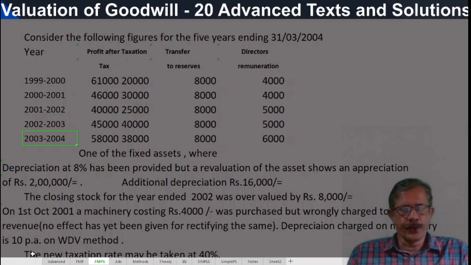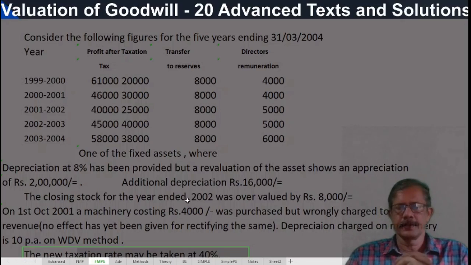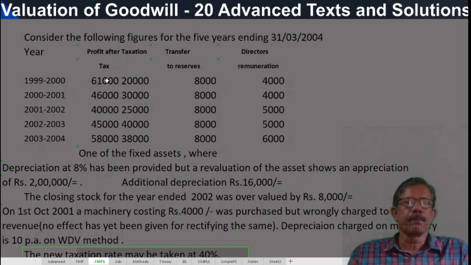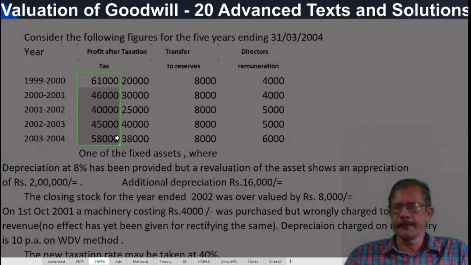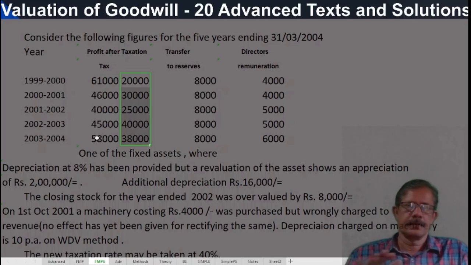The next is new taxation rate may be taken at 40%. New taxation rate 40%. So we will start with the profit before tax. Here profit after tax is given. Write all the profit after tax, then add back the taxation already provided. We get a profit before tax.